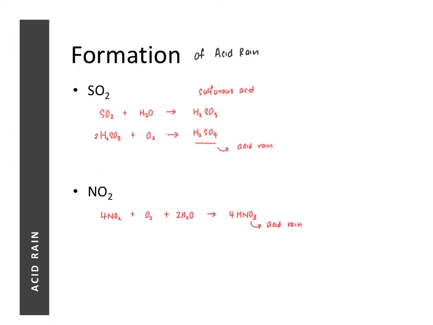So what I've shown here are the equations which represent how the pollutant gases sulfur dioxide and nitrogen dioxide form acid rain, how they react with oxygen and water to form acid rain. Now it's very important for you to remember the equations because they are often tested. You'll be required to write the equations that illustrate the formation of acid rain from either NO2 or SO2.